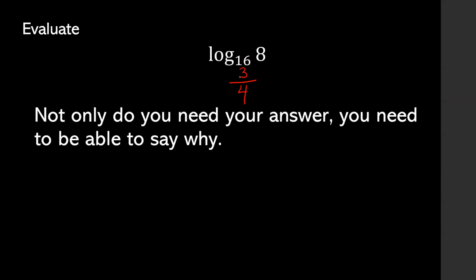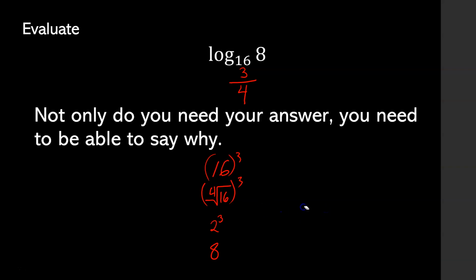Do you need to see that in the exponential form? Let's try that. So I'm going to start with 16, and when I'm done, I'm going to get 8. So maybe we can work from both sides. 2 cubed is 8, so I need to turn 16 into a 2. How do I turn 16 into a 2? I take the 4th root of 16. Okay, so I guess we need to squeeze something in right here.